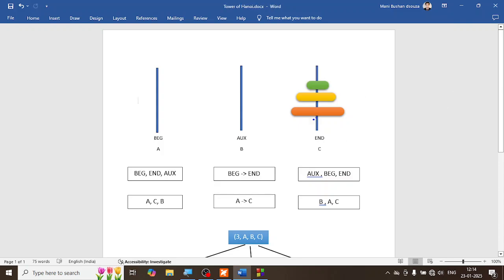How did you move the disk from here to the other side? By using the pole A, move them to the other side. So the remaining n minus 1 disks which were there, move them back from B to C using the help of A.